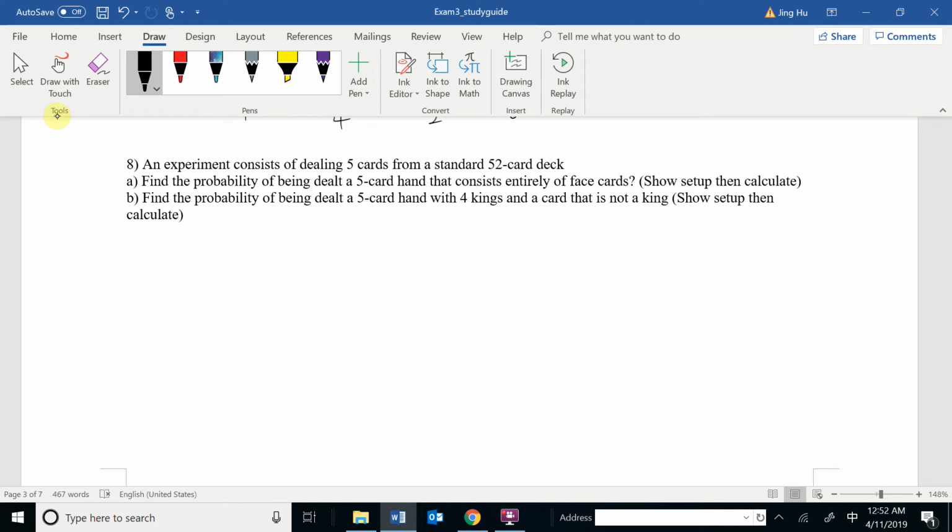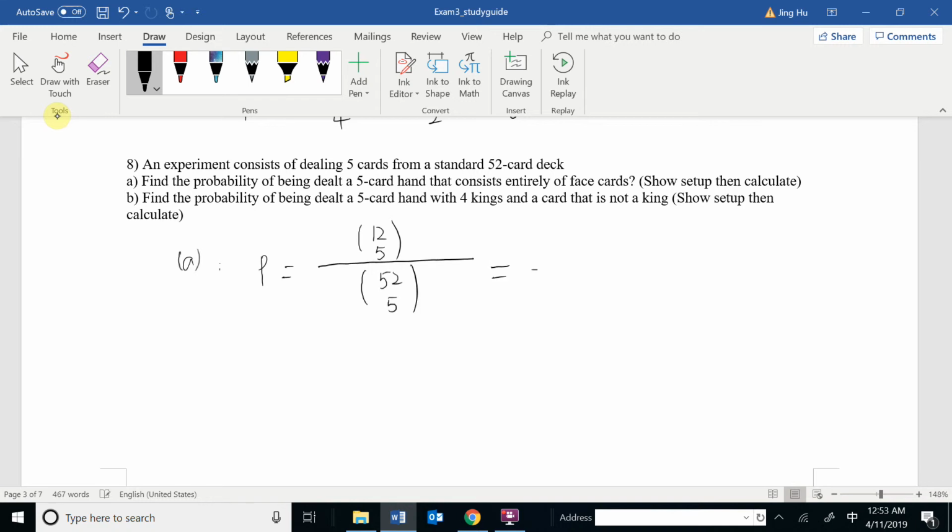So let's do A. So the probability: the numerator is total 12 face cards, we need to get 5. And the denominator, we have 52 cards, get 5.